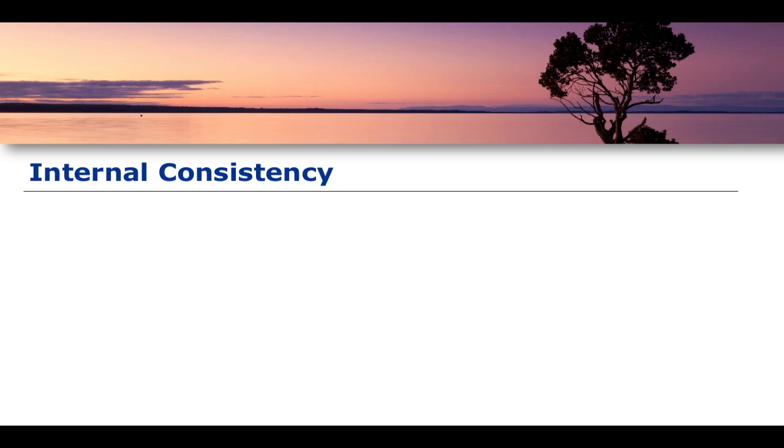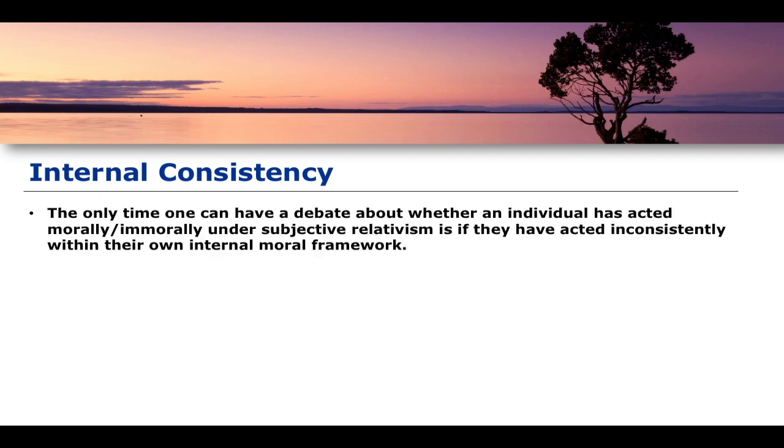The final thing that we can talk about, as almost a response to this concept of subjective relativism and the criticism that I've just levied, is the idea of internal consistency. The only time one can ever have a debate about whether or not an individual has acted morally or immorally under a system of subjective relativism, as we're describing it here, is if they were to act inconsistently within their own internal moral framework.